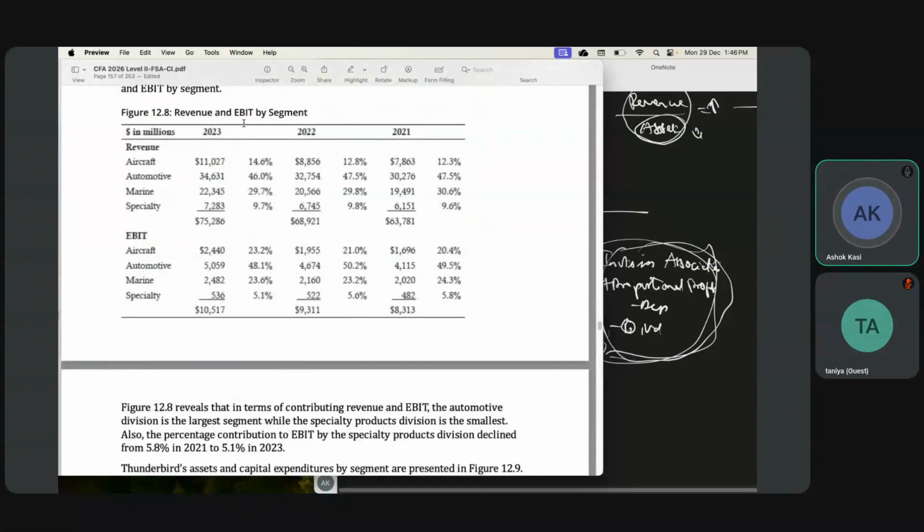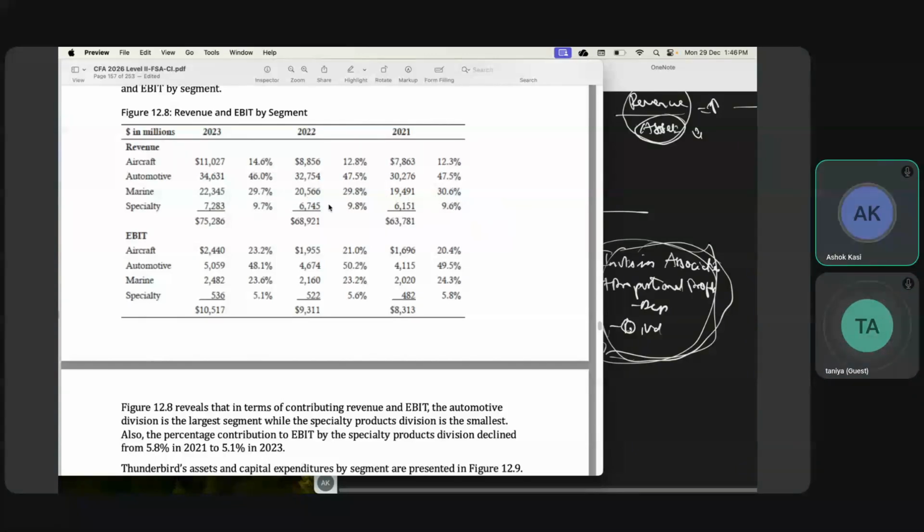this is the revenue and EBIT. So revenue, see different segments: aircraft, automotive, marine, specialty. These are the revenues. So we can see here from 2021, aircraft is growing. Automotive is not growing, see, from 47, 47, 46. Then marine is decreasing.